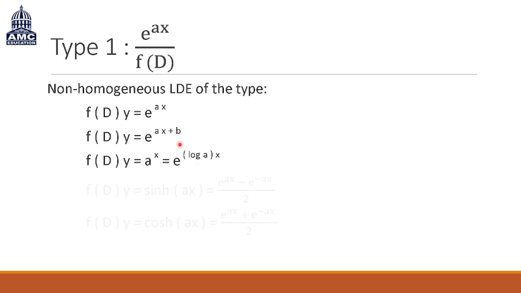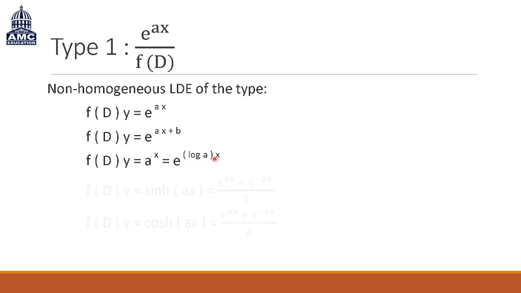On the other hand, let's imagine that we have got a raised to the power x, any constant other than e raised to the power of x, and even that can be solved using this type 1. Here, we just convert the base of the exponential term to e, and in order to do that, we use the laws of indices and see that a raised to the power x is e raised to the power log a into x, right?